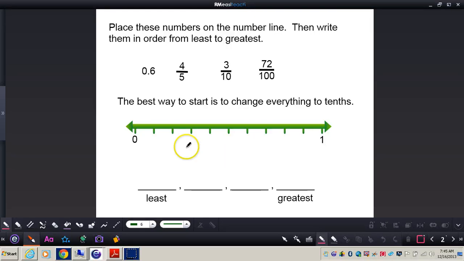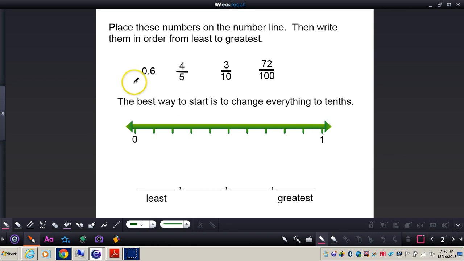In other words, if you're writing out your own number line, it's really simple to figure this out if you divide it up into 10 segments, or tenths. So from 0 to 1, since I'm not dealing with any mixed numbers, all of these fractions and decimals are going to fall in between 0 and 1. The point we need to figure out is where they fall.